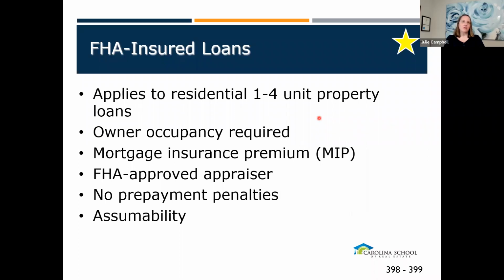I'm just going to pick up where you left off. If the buyer qualifies, and so does the property, then the FHA loan may be able to be assumed.